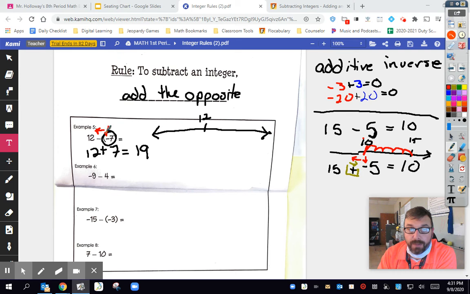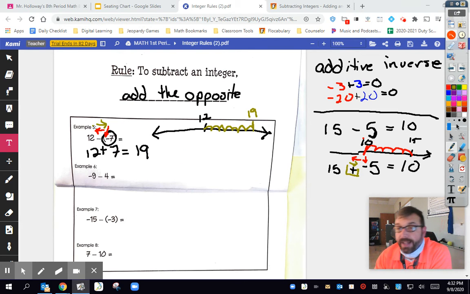But remember, that negative sign says I'm going to do the opposite, so I need to go to the right 7 spots, 12, 13, 14, 15, 16, 17, 18, and 19. So there we can see that doing the opposite addition actually brought us there.